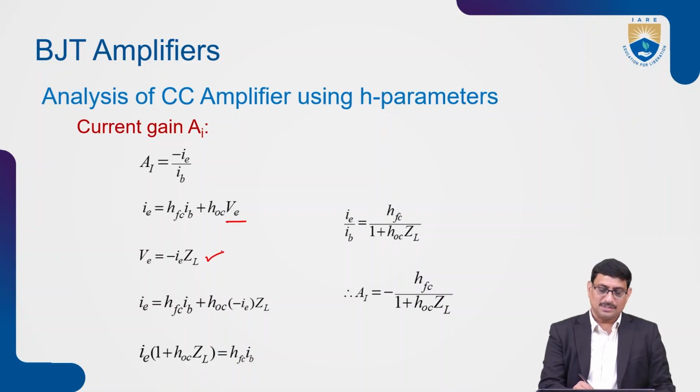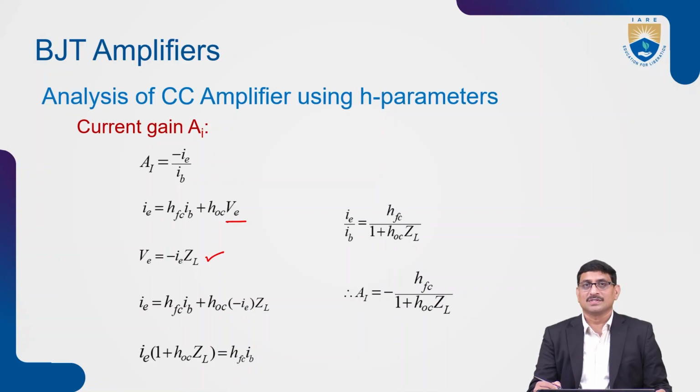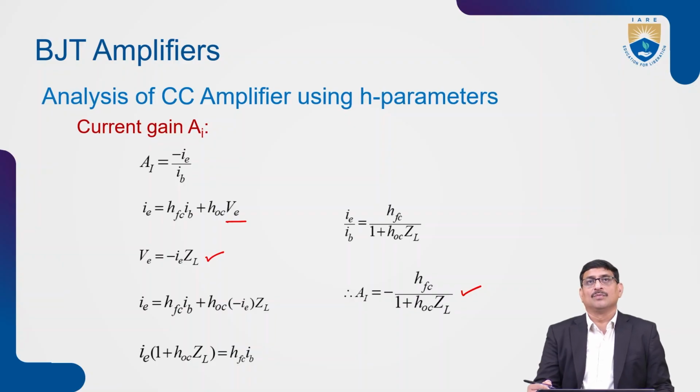By substituting this expression, writing all the IE terms on one side and IB terms on the other side, and taking the ratio of IE to IB, we got the current gain equal to minus HFC divided by 1 plus HOC into ZL. So this is the same procedure by which we can calculate it for common emitter as well as the common base amplifiers.